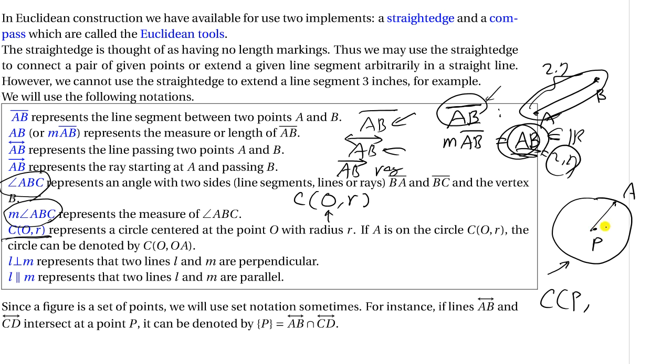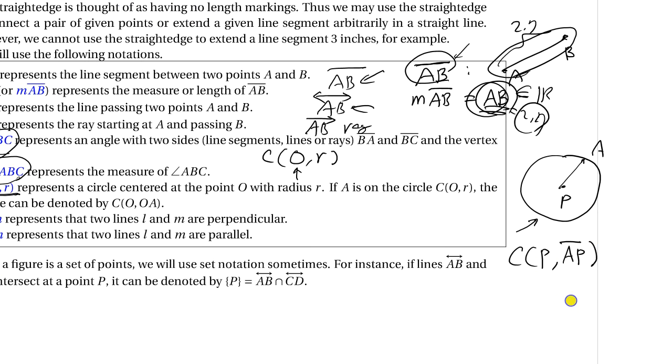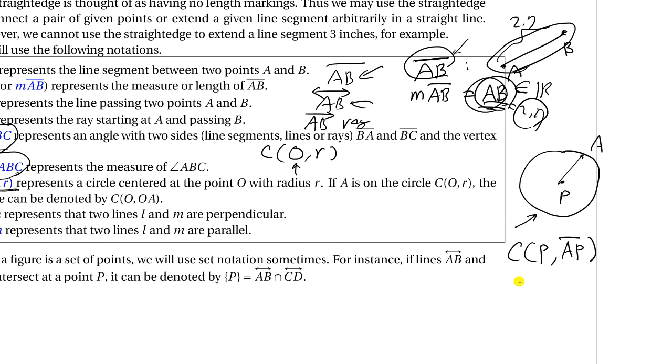You have two ways to say it. Segment AP is good notation for the radius, geometrically. Or centered at P and just AP, which means we just give the length of it, like 2 centimeters or 3 inches. That is also good, right? So when you give the symbol or sign for a circle, you could use either way. It's okay.